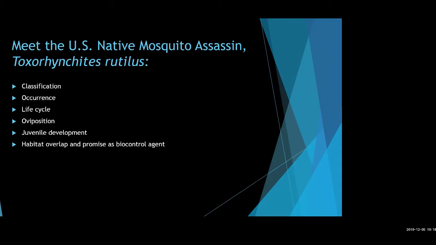All right, so let's go ahead and dive into our mosquito assassin. We have, as I mentioned, a couple native ones in the US. And so we'll discuss this a little bit more in detail.